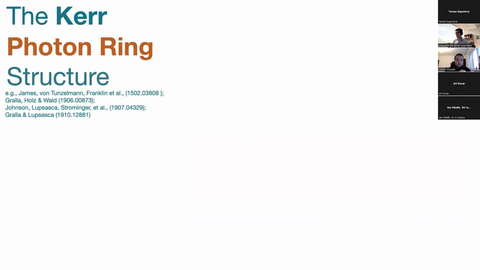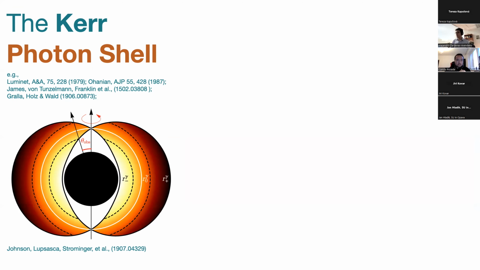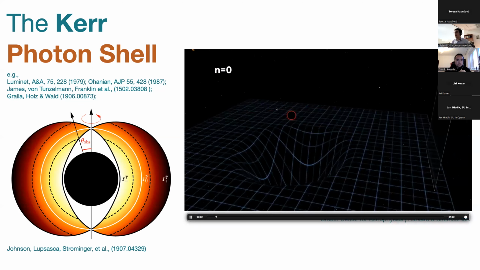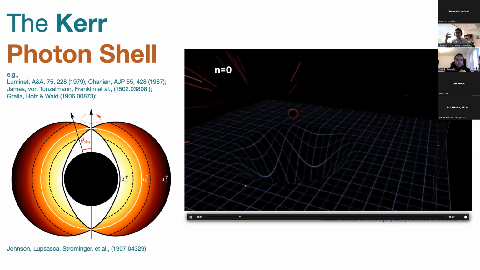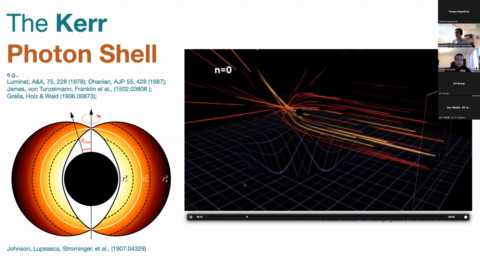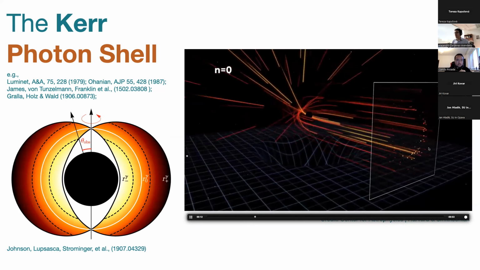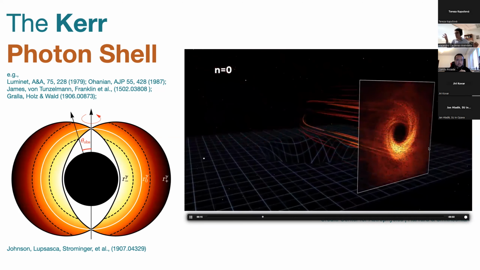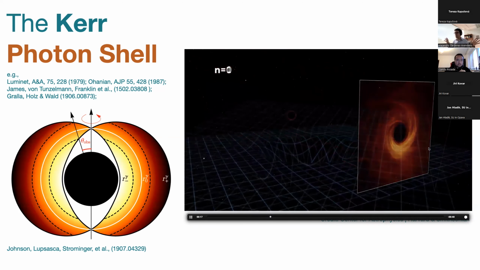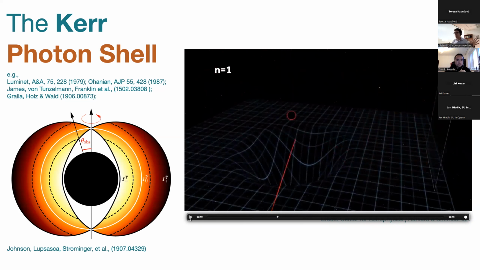So what we're seeing here is N equals 0. These are 2 examples of N equals 0 photons. Now this animation is going to play lots of these N equals 0 photons. That's going to make the broad structure of the image. But because of the properties of this photon shell, there are photons that can do an extra turn, that are orbiting in a bound way, but they are unstable.